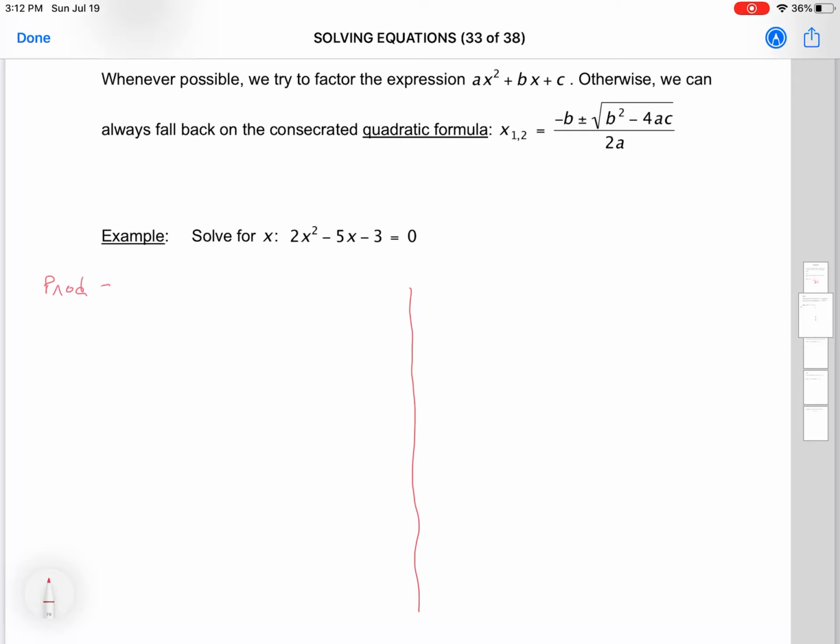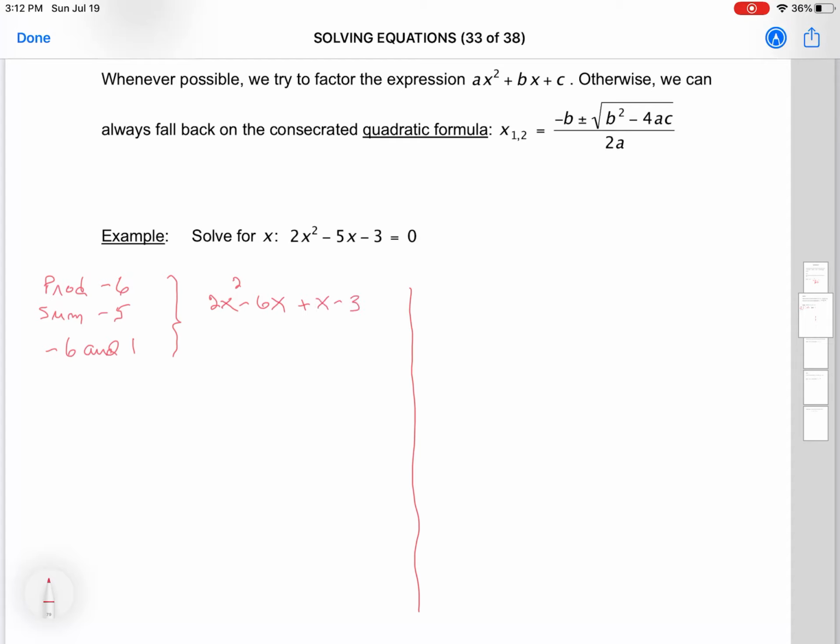Product-sum for this one: looking for two numbers whose product is negative 6 and whose sum is minus 5. The numbers are quite clearly minus 6 and 1. So we will replace the middle term with those two.